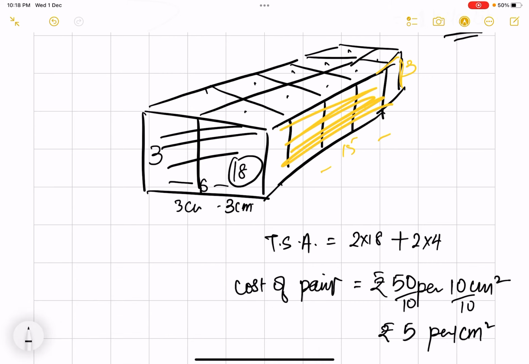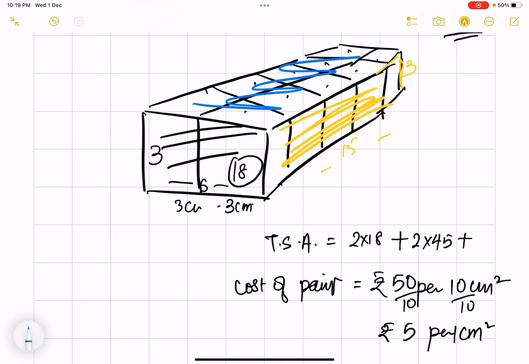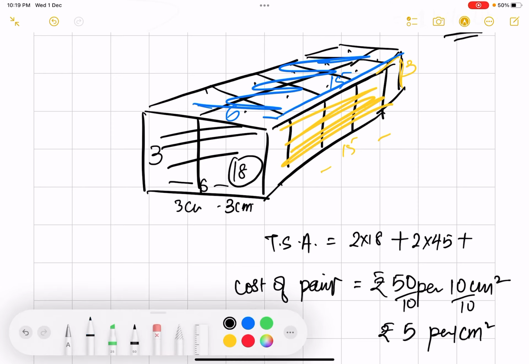Twice of 45. And finally, we have the top structure, which I'm coloring with blue for the time being. Look at this structure. The length of this structure is again 15, but the breadth of the structure is 6. 15, 6 are 90. The area of the top and the bottom will be combined. So twice of 90.